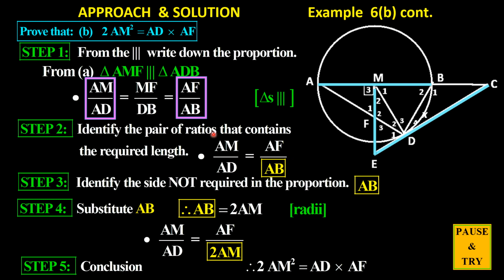Once you have identified your pair, you can see which part of the proportion needs to be replaced, because we want AM but we don't want AB. So AB needs to be replaced, and then we go to the diagram and see what we can replace AB with. And that's how we proceed with this type of question.